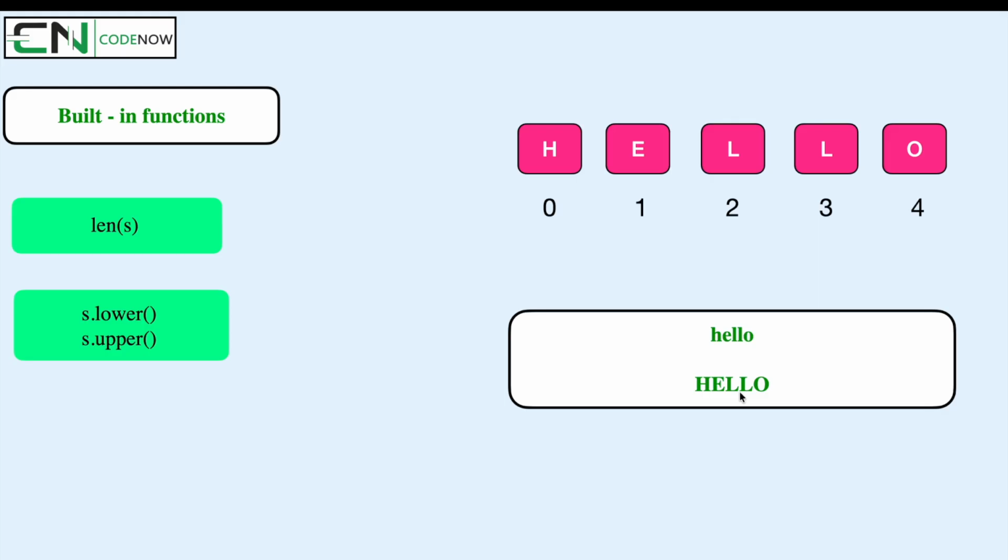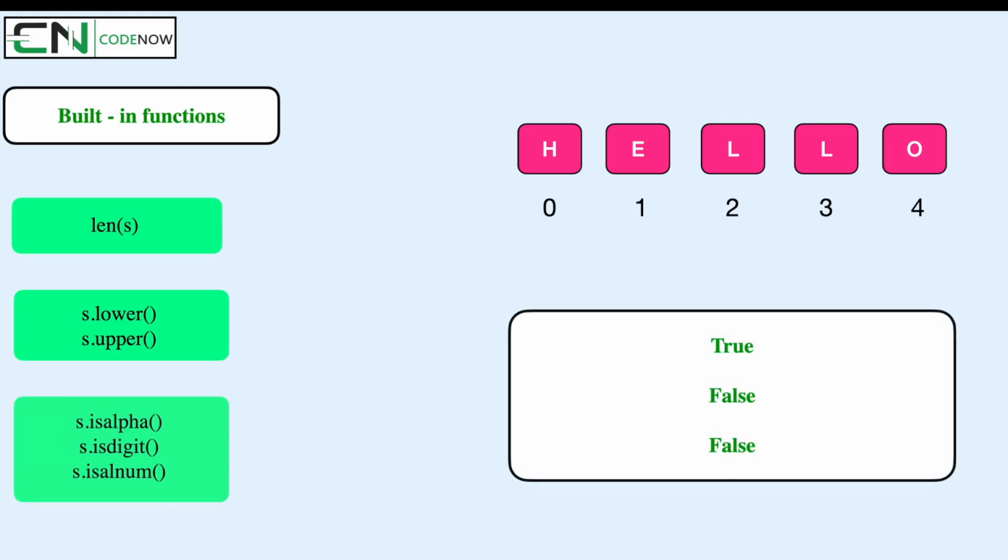Let us move into the next built-in function, which is alpha, digit, and alphanumeric. What is alpha? Alpha in the sense it will check if the given string is made up of alphabets or not.